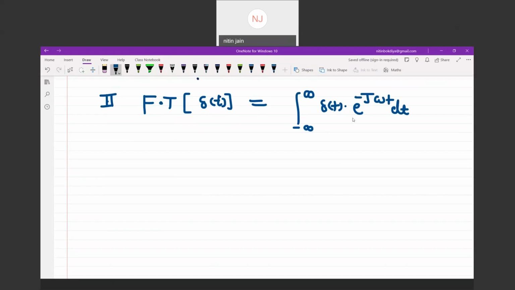This integral is defined only at t equal to 0, so the remaining function is the integral from minus infinity to infinity of del t into dt, which is equivalent to 1. So the Fourier transform of del t is always equivalent to 1.